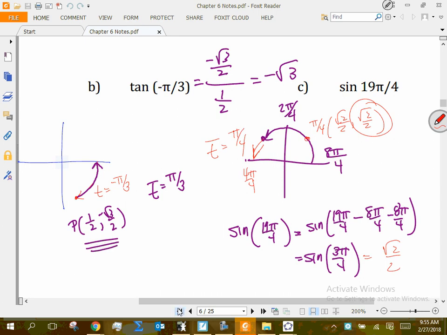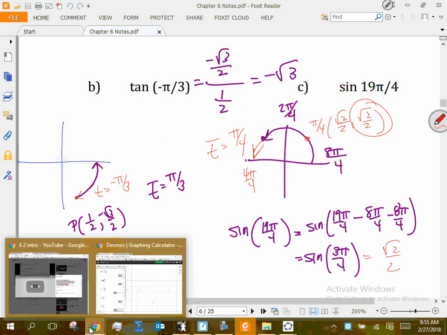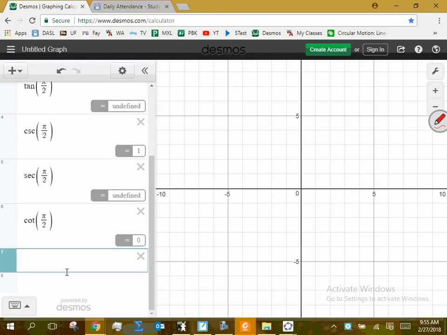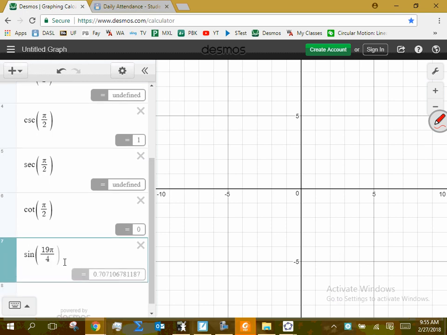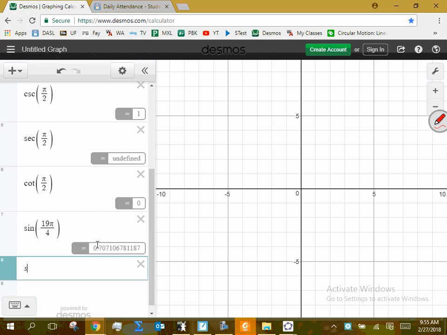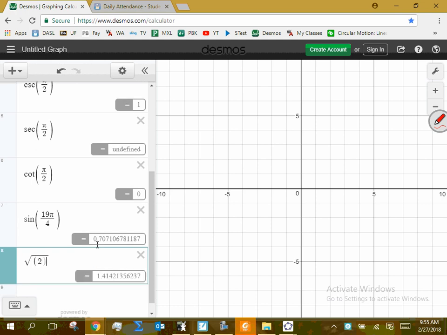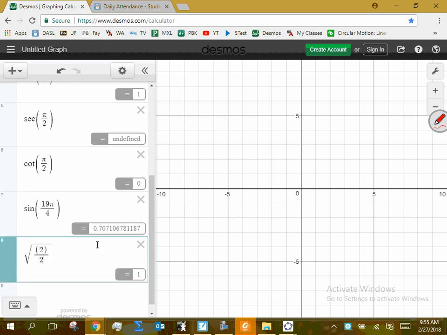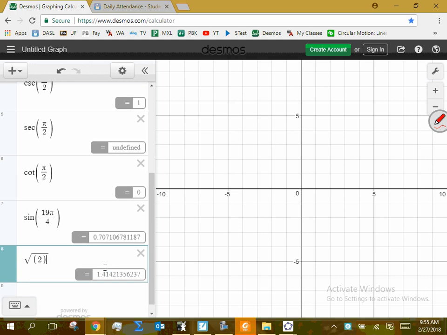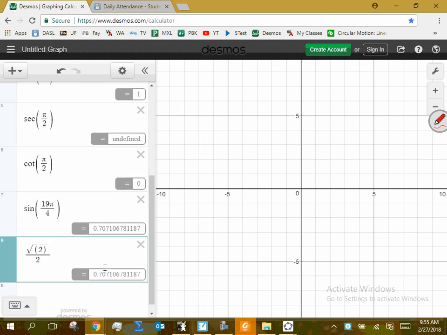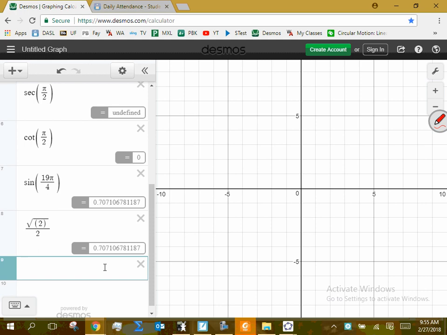And what's nice about that, guys, we just found radical 2 over 2, which is exactly what I get if I type into my calculator sine of 19 pi divided by 4. It gives me radical 2 over 2, about 0.707.